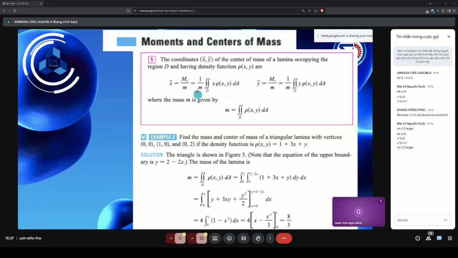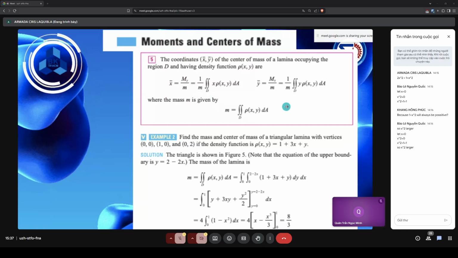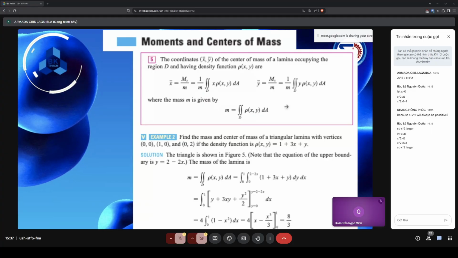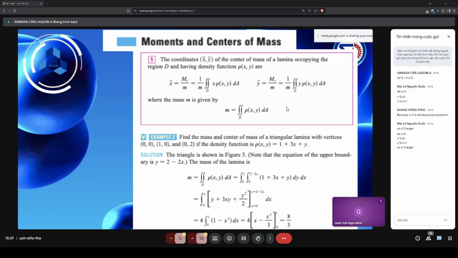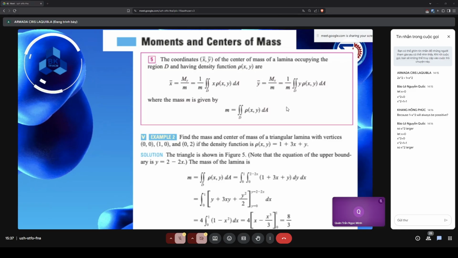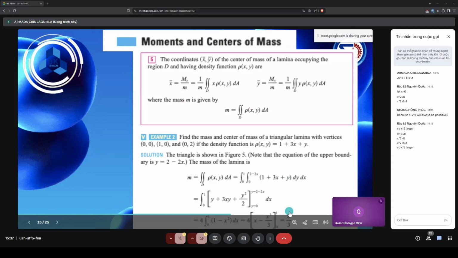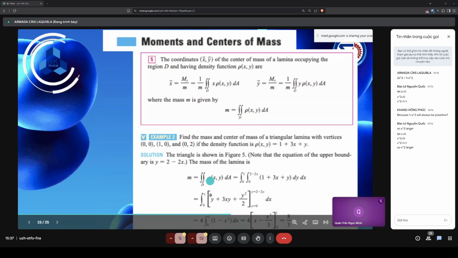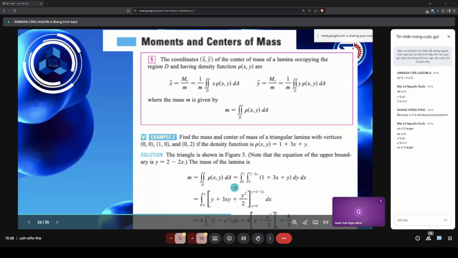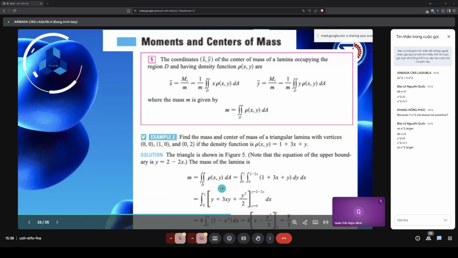And when you're done solving the two values, you write it inside a parenthesis and put a comma between them, and that is now the coordinate of your center of mass. Okay, now let's start with this formula, double integral, and then rho of xy dA.